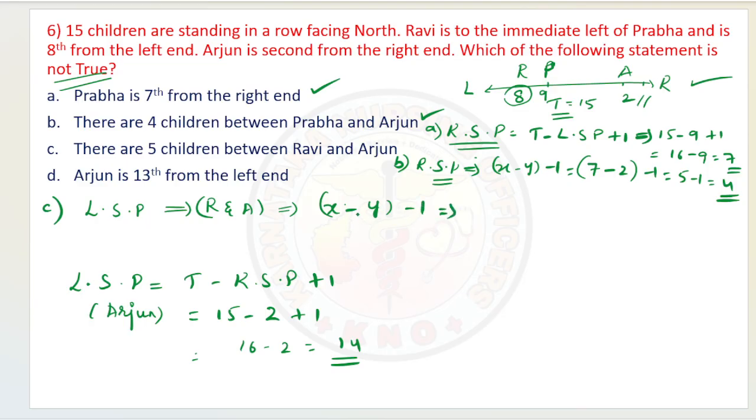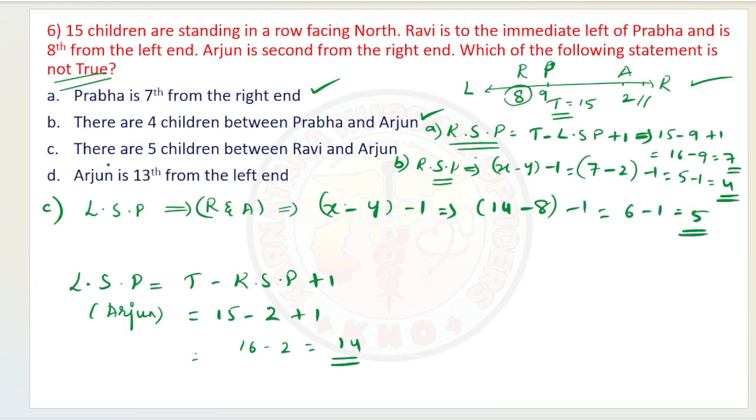Already I have told you, subtract always the smaller number from the bigger number. So the left side position of Arjun is 14, the left side position of Ravi is 8. The bigger number is 14 and the smaller number is 8. So 14 minus 8 is 6, and 6 minus 1 is 5.